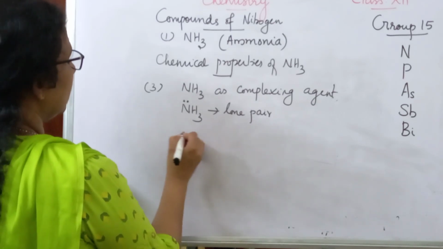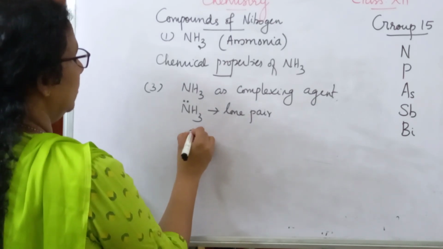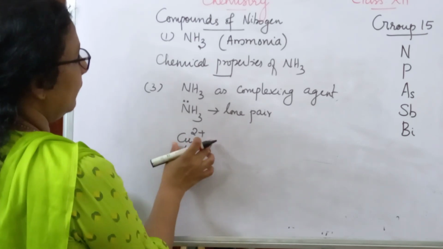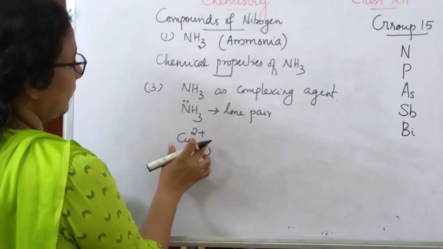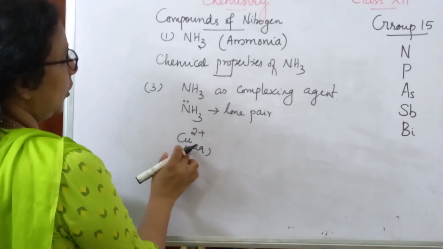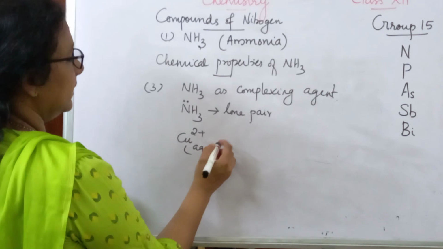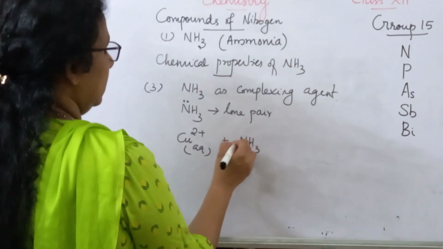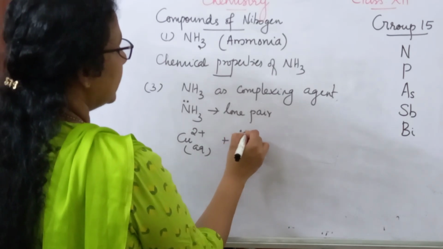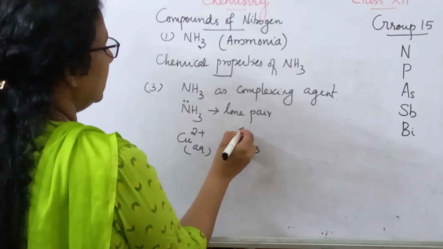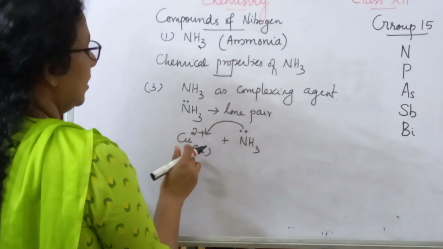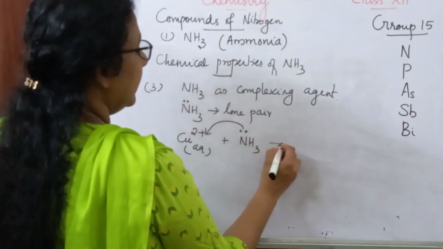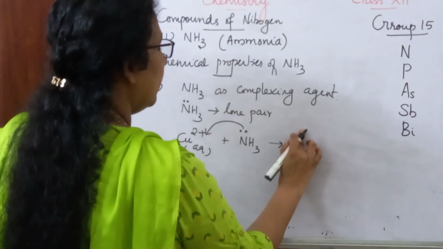If it is Cu2+ copper ions, so if it is an aqueous solution of copper salt where Cu2+ ions are there, and ammonia acts as a complexing agent, this lone pair of electrons can be donated to the metal, and there will be a linkage, or a complex ion will be formed.